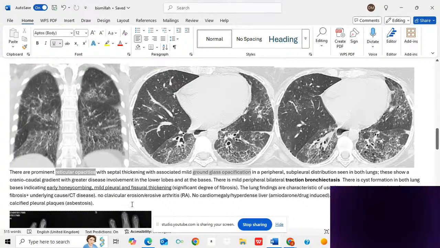No evidence of clavicular erosion to suspect rheumatoid arthritis. No evidence of cardiomegaly or hyperdense liver to suggest drug-induced lung fibrosis. No evidence of dilated esophagus to suggest scleroderma. No calcified pleural plaques to suggest asbestosis. This is a perfect comment on a scleroderma case.